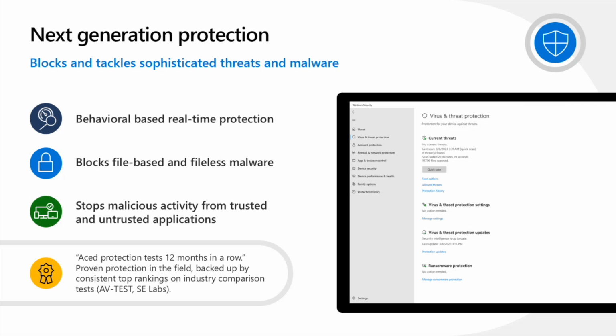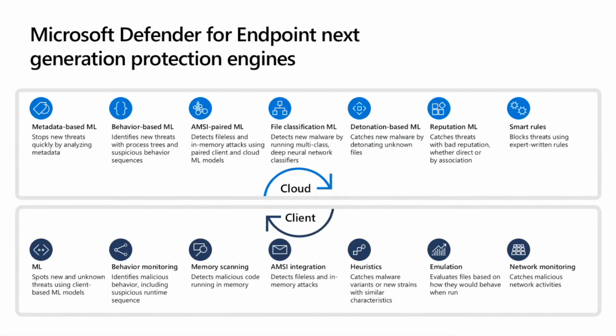Now, you might say, well, wait a minute, that's a lot of processing on the endpoint. And you would be right if it was all done on the endpoint. So here's the really cool thing. Defender leans on all of the big data processing inside of the Microsoft Security Cloud to make some of these decisions.